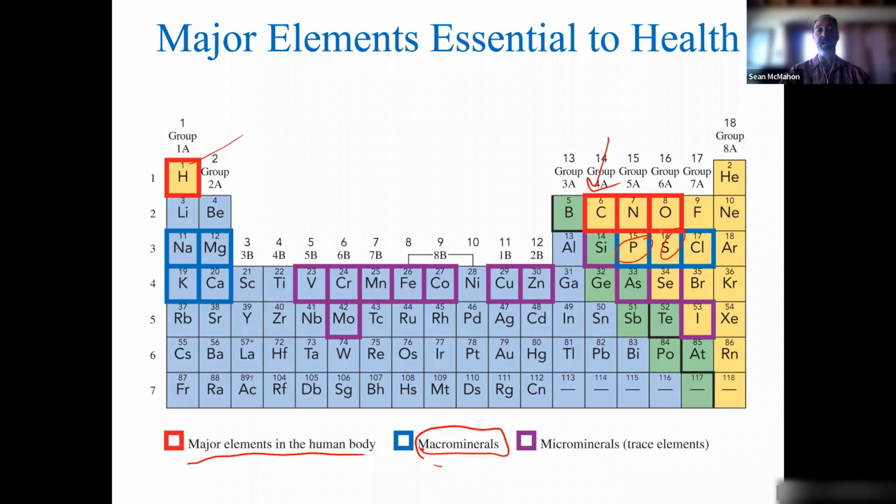But you also have some micro minerals you need. A lot of these micro minerals like zinc and iron, they end up being what are called cofactors for a lot of your enzymes. So enzymes speed up reactions in your biological processes. They're basically a catalyst, and they have active sites.